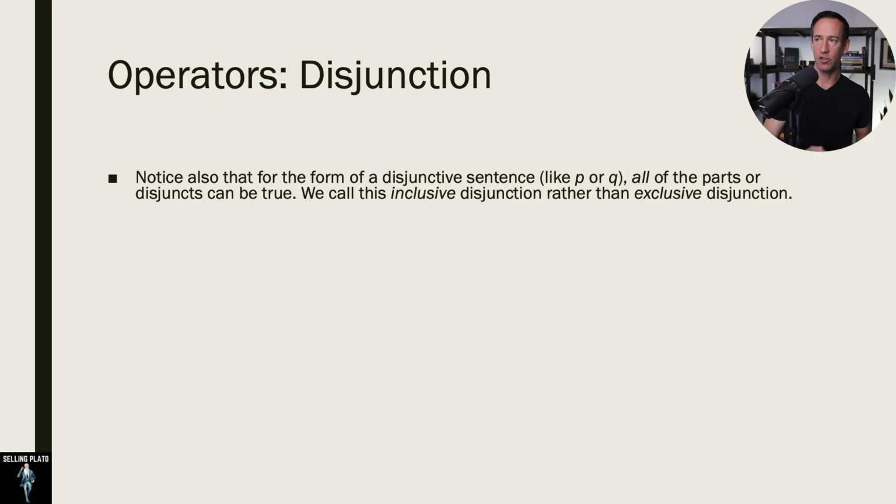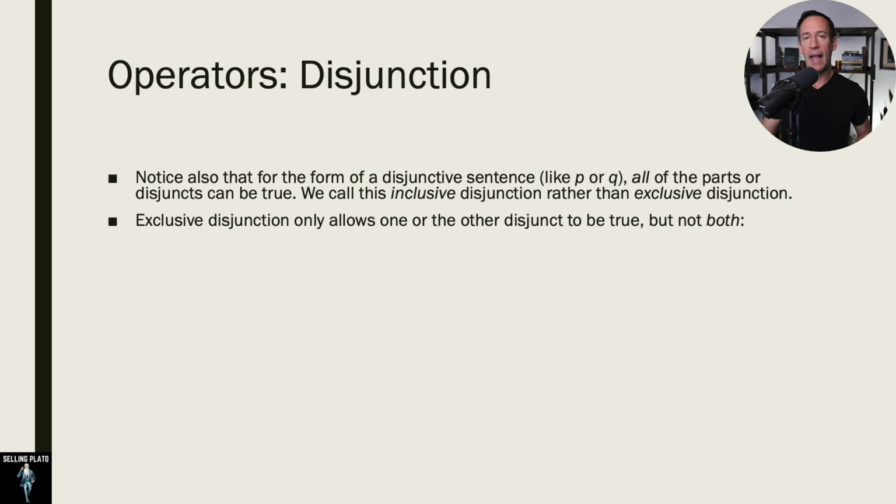In contrast to another kind of disjunction, which we call exclusive disjunction. So let me talk about the differences between inclusive disjunction, which is the one that we're going to go with, and exclusive disjunction. Exclusive disjunction only allows one or the other disjunct to be true, not both.